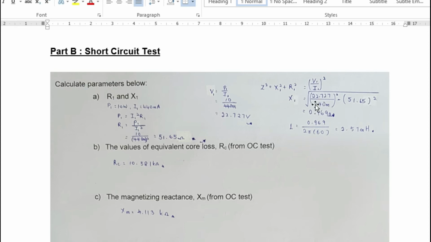The V1 is 22.727 volts, which we already calculated using this formula, and then we get 22.77 over the given I1, 440 milliamperes, and this is 51.65 squared, the value of R1.